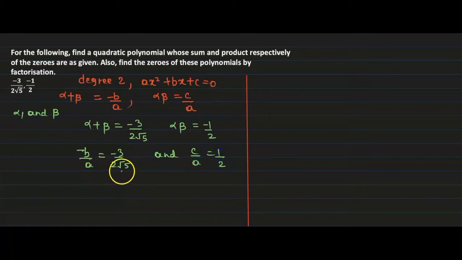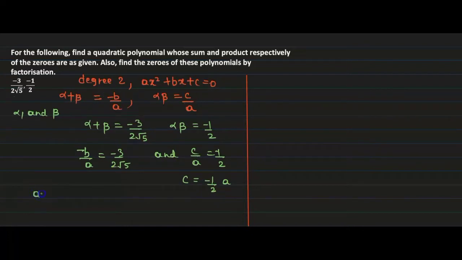Can you see a over here is 2 root 5 and a over here is 2. So from this I can understand that c will be equal to minus 1 by 2 a, right?